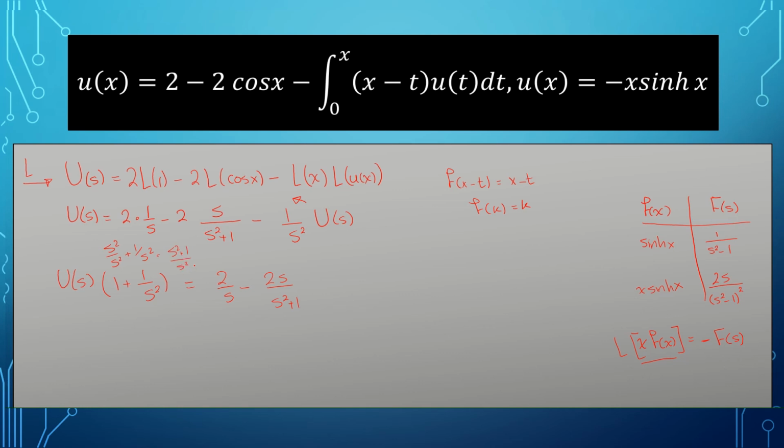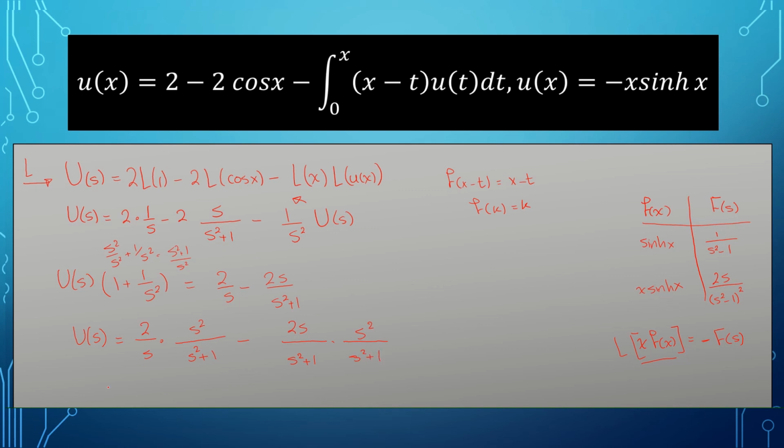So we multiply by s squared over s squared plus 1 for both sides to get U of s by itself on one side, and this will give us 2 over s multiplied by s squared over s squared plus 1, minus 2s over s squared plus 1 multiplied by s squared over s squared plus 1.